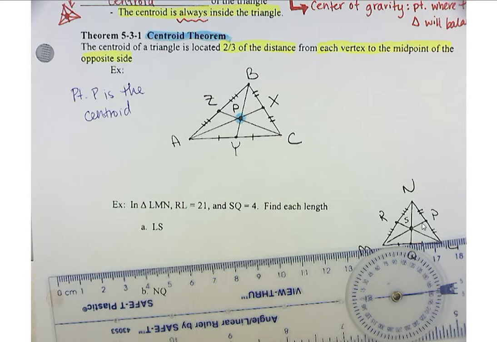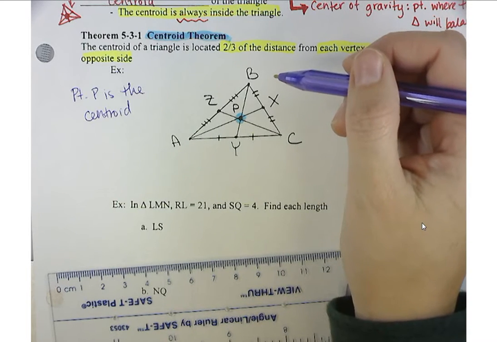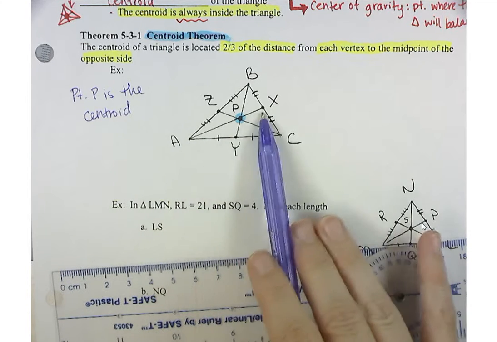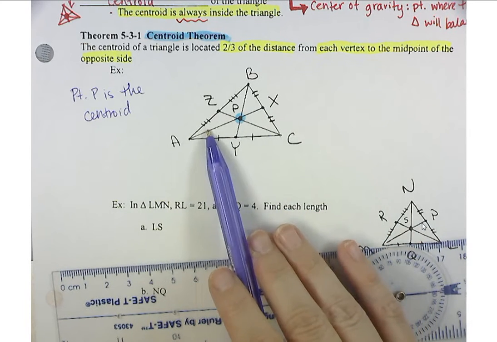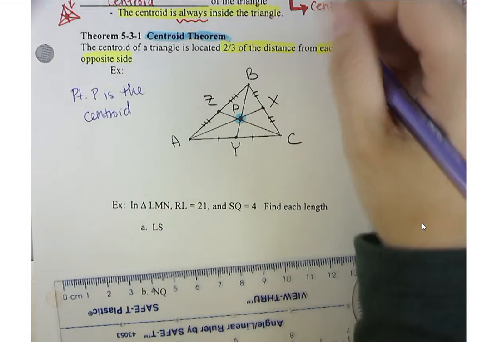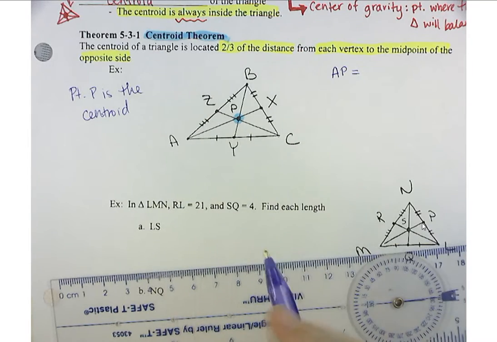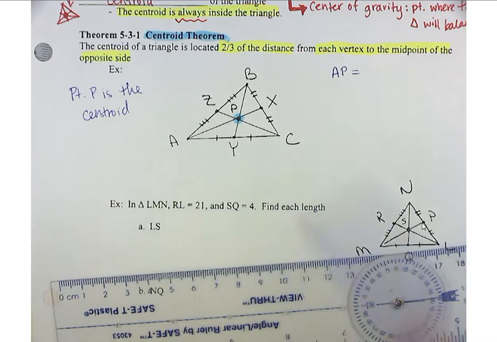Okay, so the centroid of the triangle is located 2/3 of the distance from each vertex to the midpoint of the opposite side. Okay, so let's look at this line here, this segment AX. So 2/3 of the entire segment is going to be equal to the vertex to the centroid.